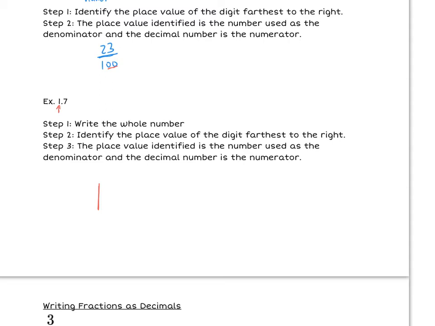It's a 7, so that 7 goes on top. What's going to go on the bottom? A 10, because it's in the tenths place. Or you could say we have one number in the decimal places, so we have one 0. Okay? So that's going from a decimal to a fraction.